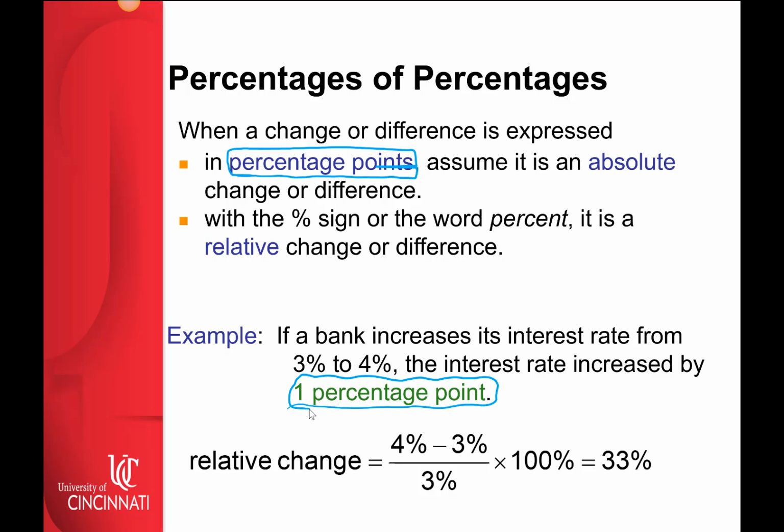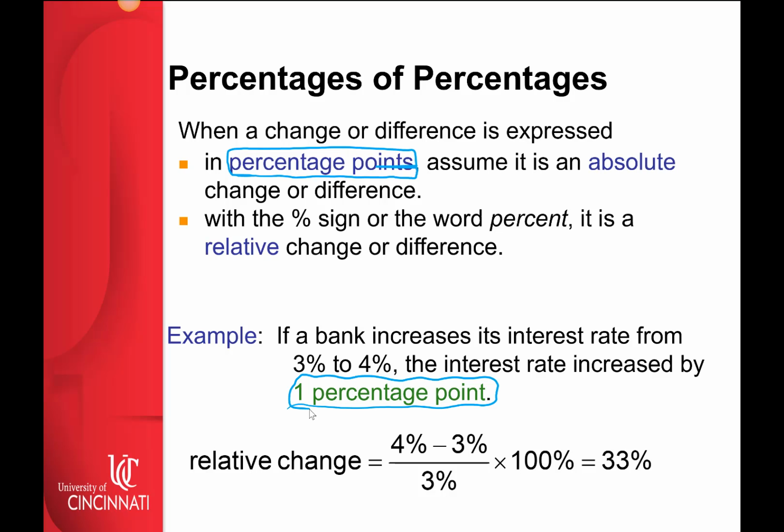It actually went up 33%. Now this really plays weird in some people's minds because you could correctly say the interest rate in the bank went up by 33% from 3% to 4%. Or the interest rate went from 3% to 4%. This is a 33% increase.